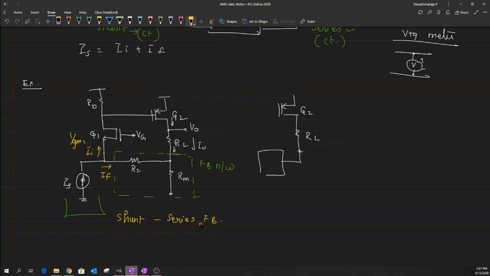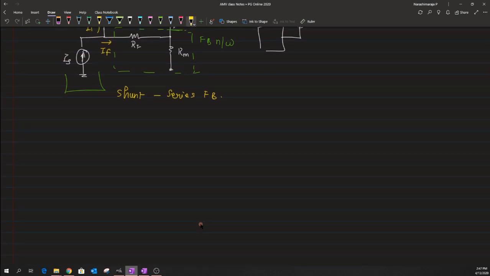Okay, so let us move on to the next one, which is nothing but the transconductance amplifier. Now, again, the input and output signals have to be clear for this transconductance amplifier.